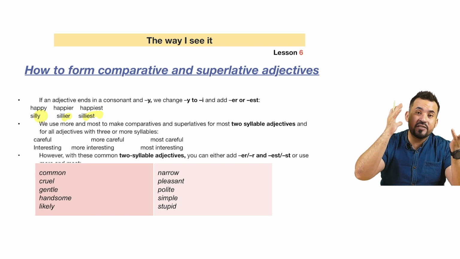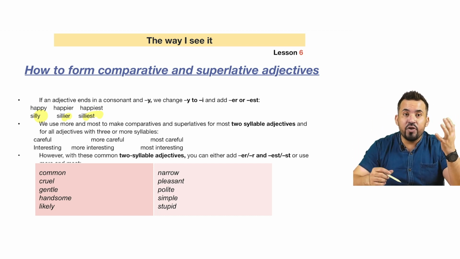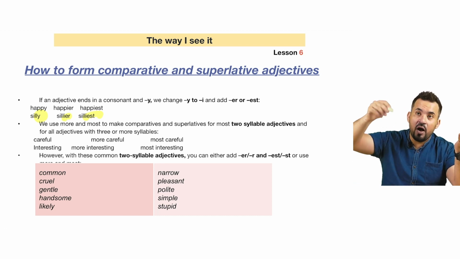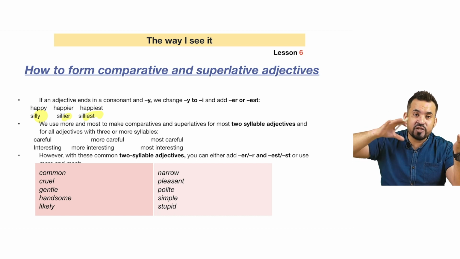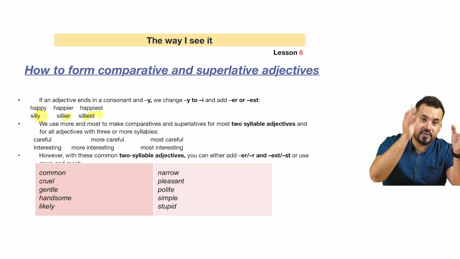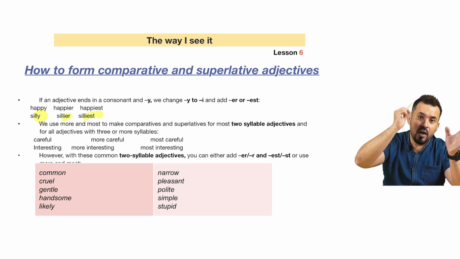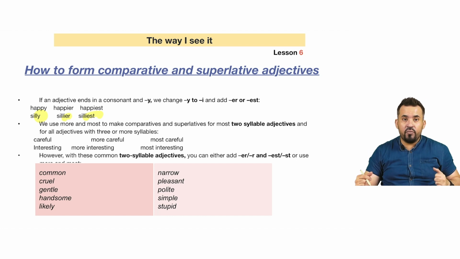Or if it's a word that you want to make plural, like pony, you remove the Y and put I-E-S: ponies. So this rule applies to all words. If you have a consonant and a Y, you remove the Y and put an I, just like the rule from before.